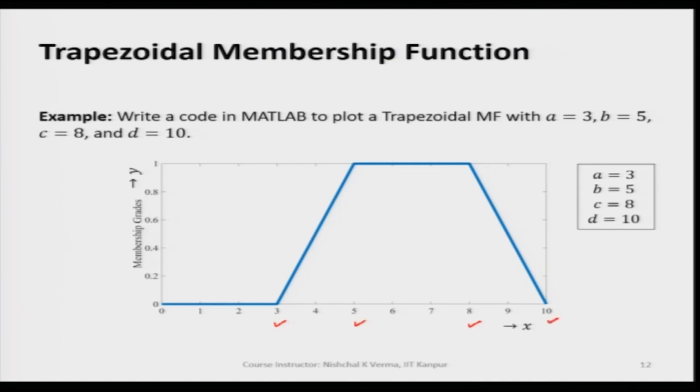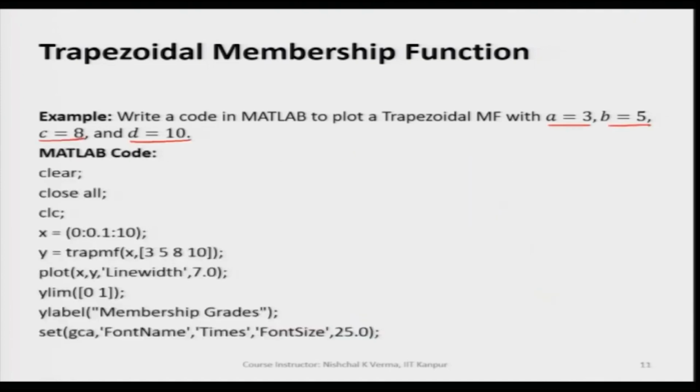So, if we change the values of a, b, c, d, we can assign the places of these vertices accordingly, and we get different shapes of the trapezoidal membership function.